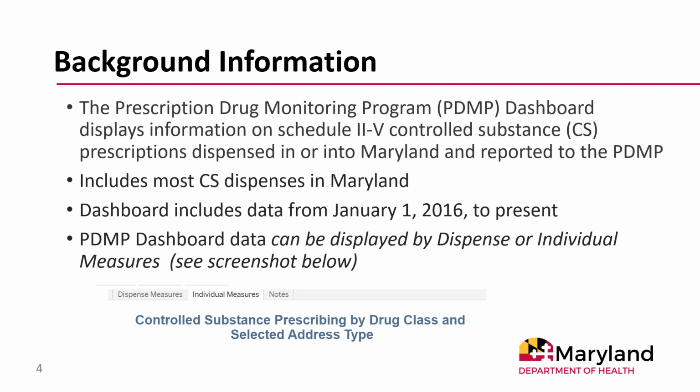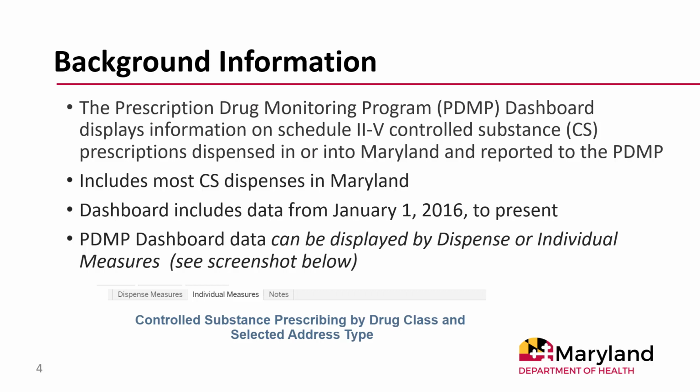As a reminder, the PDMP dashboard displays information on Schedule 2 through 5 controlled substances that are dispensed in or into Maryland and reported to the PDMP. The PDMP does not include prescriptions written by providers but never filled by patients.